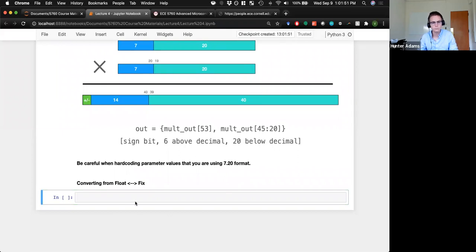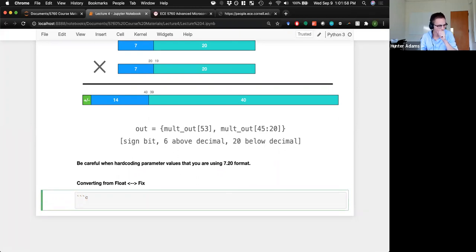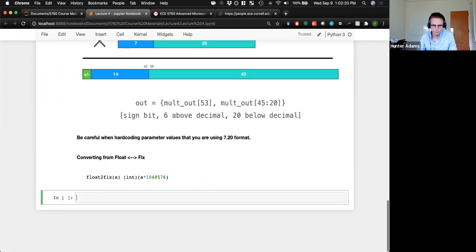I'm going to let you think about this a little bit, but we might have something like float to fix of some input A is going to be... I'll let you think about why this is. It looks like an arbitrary number.